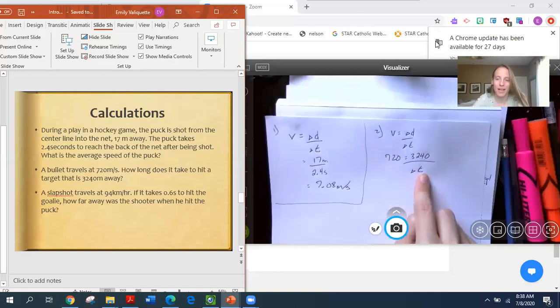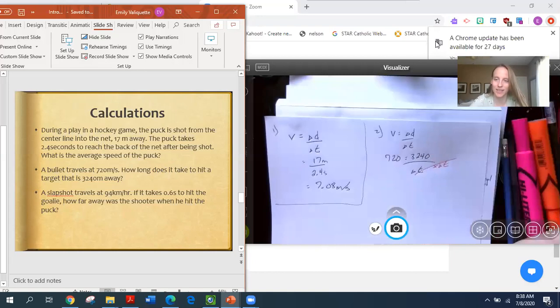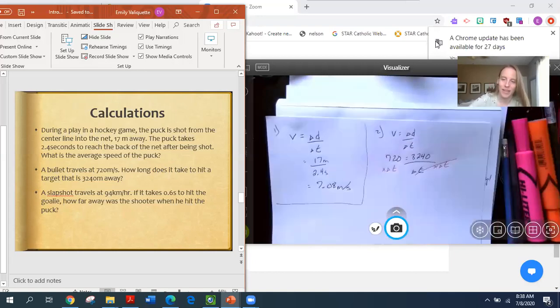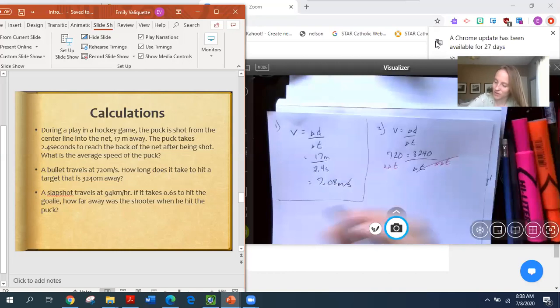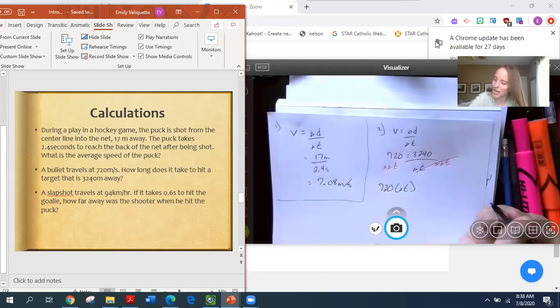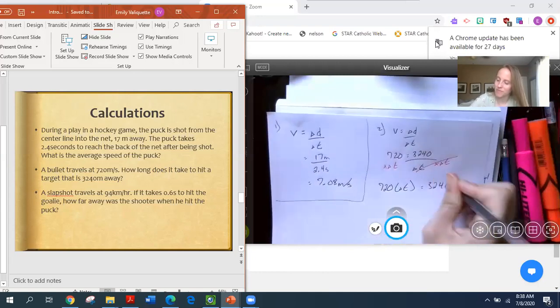Now remember, anytime you have a fraction like this, whatever's on the bottom needs to be the thing that moves to the other side. So we are going to multiply by a change in time to get that to cancel out. And then of course we must do the same to the other side. That leaves us with 720 times a change in time equal to our distance.